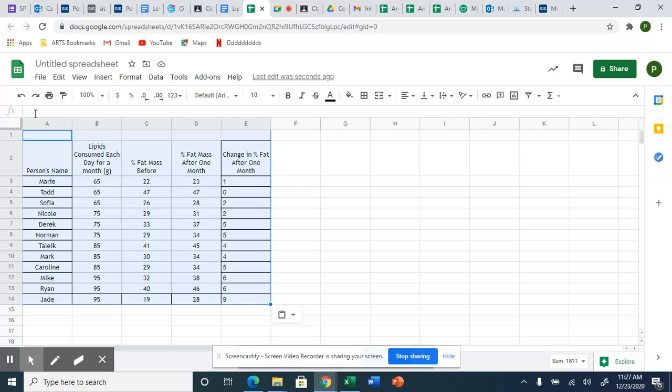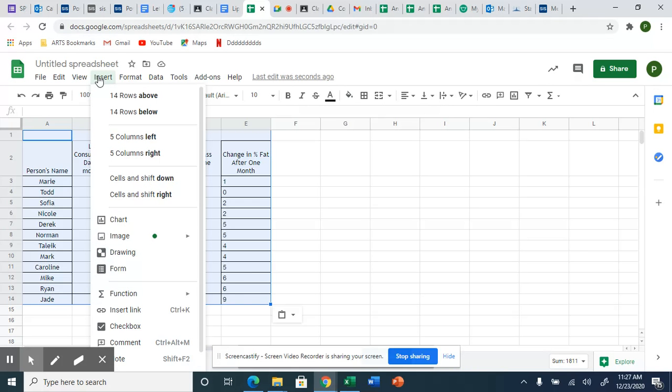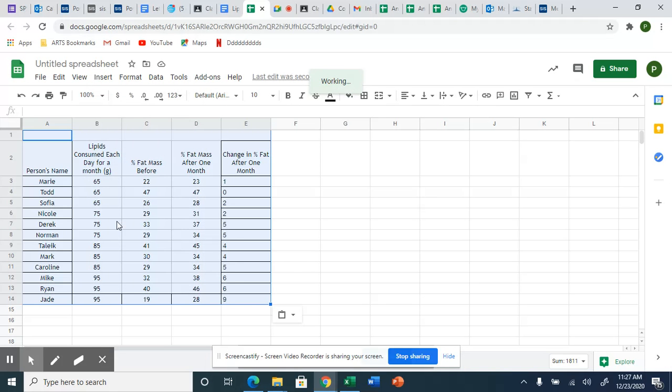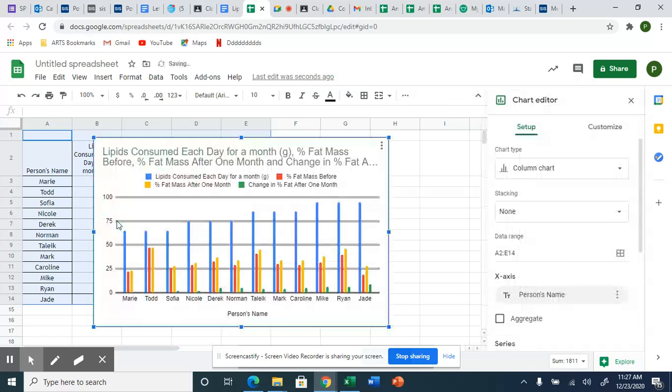So now to create a chart, we insert chart. Once you have copied the data over there, you go to insert chart.